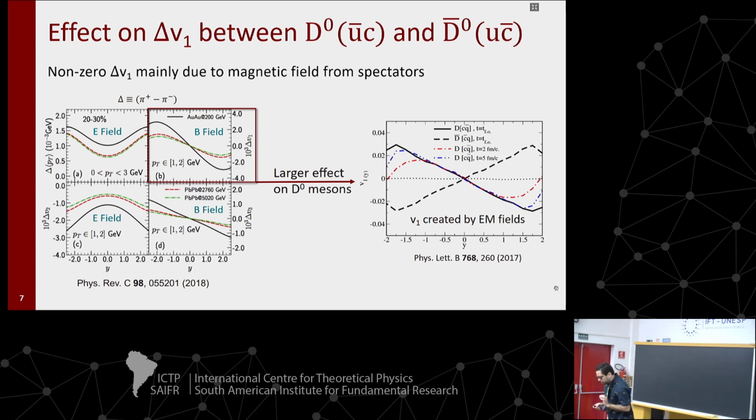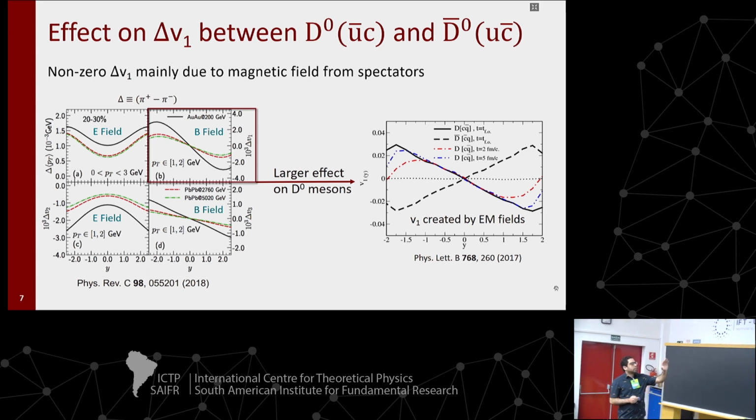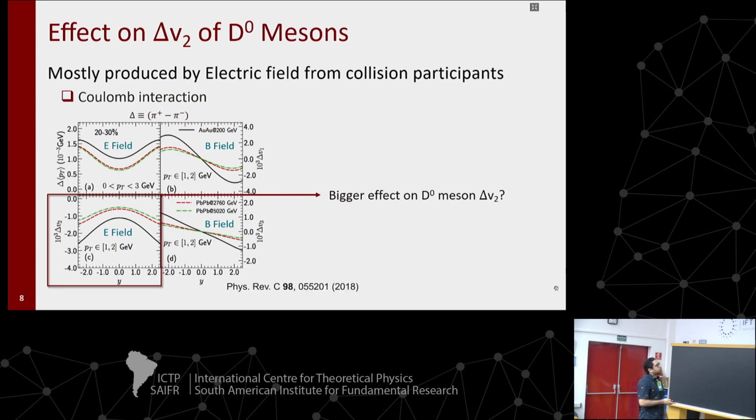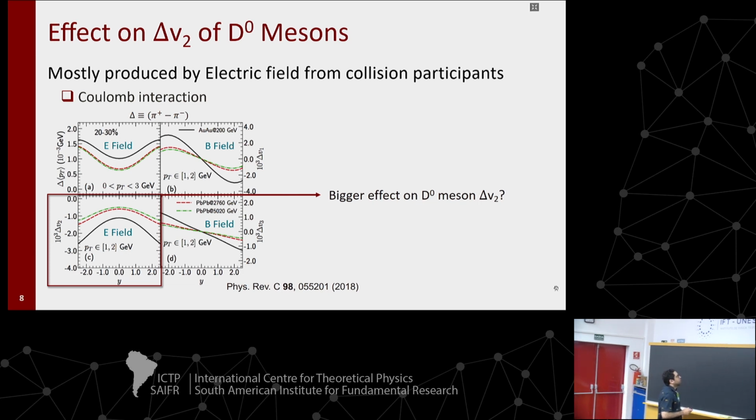So in principle, the main observable would really be the V1 of the D0 mesons. And I will not show this here because we have some problems with non-flow contaminations, okay? But I will show here what I studied based on delta V2, where we expect also some deviations.